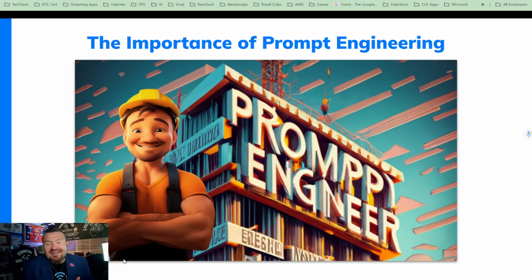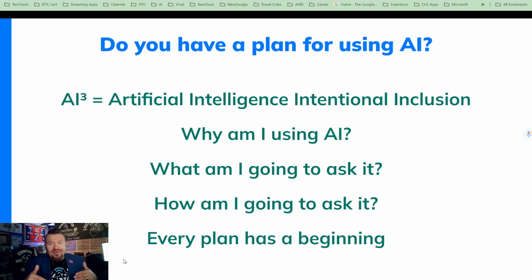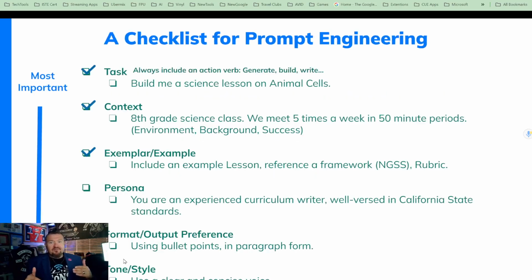They need to know the vocabulary of the topic they're trying to ask a question of. They need to be linguistically accurate in asking these large language models for something they want to come out of it. That's all with prompt engineering. And what that means is you need to have a purpose when going into these devices.